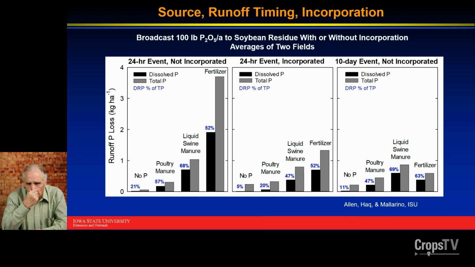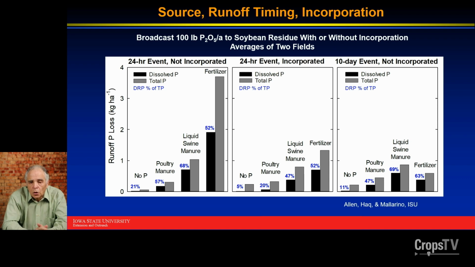It was different plots. So we applied all this, and then we waited 10 days. If there was natural rainfall, it was very small and produced no runoff within those 10 days, and then we created the runoff event. So if you look at the graphs in the center and on the right, you will see that actually a 10-day delay in the runoff event was even better than incorporating to reduce losses.